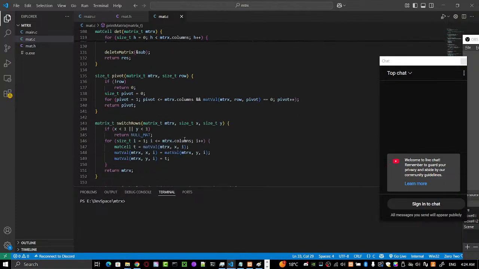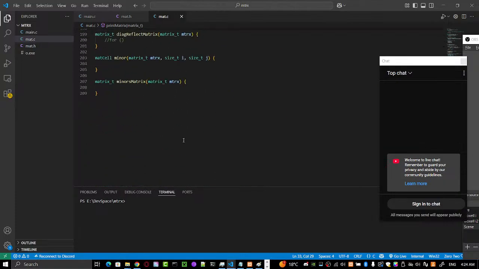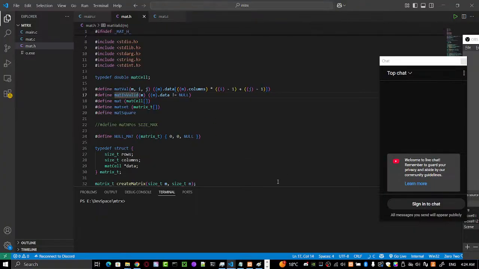So we ask the library if the matrix is valid or not. The same thing we apply with is square. And the only thing that returns is, hold on. We have the matrix, right? M is the matrix.